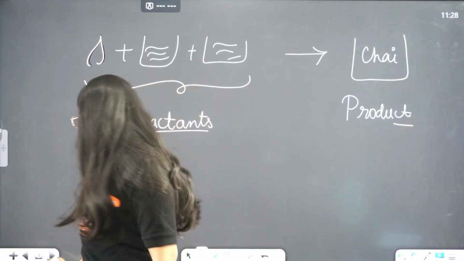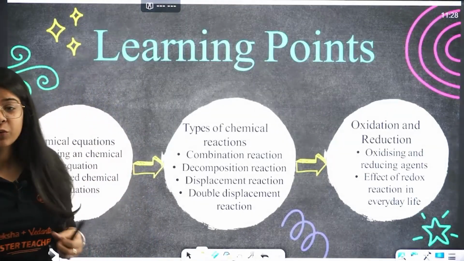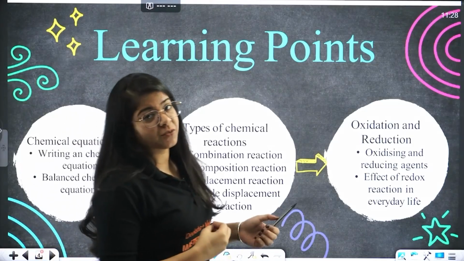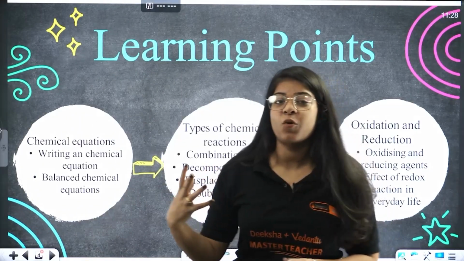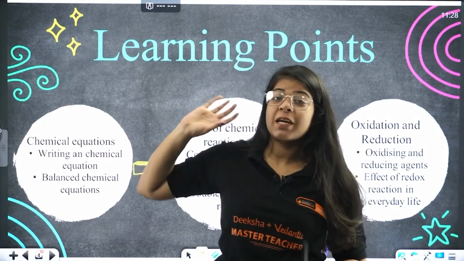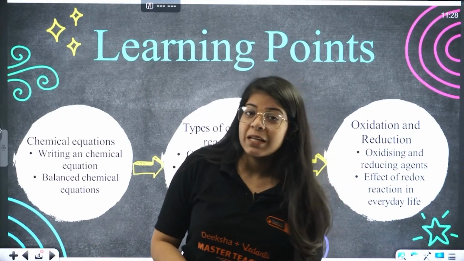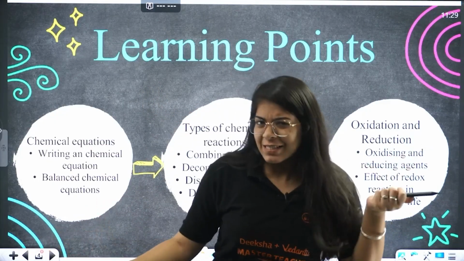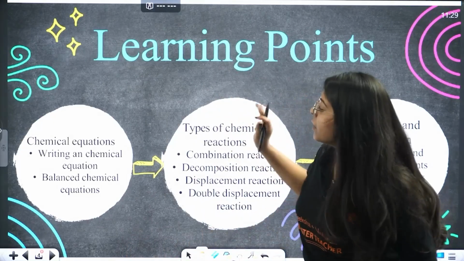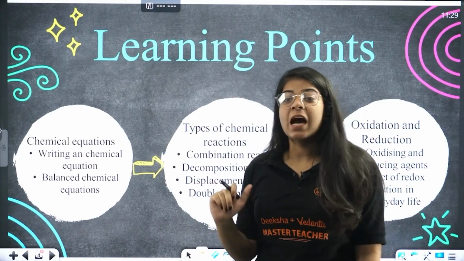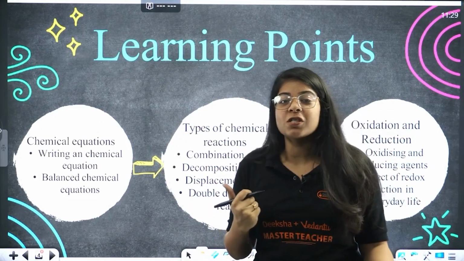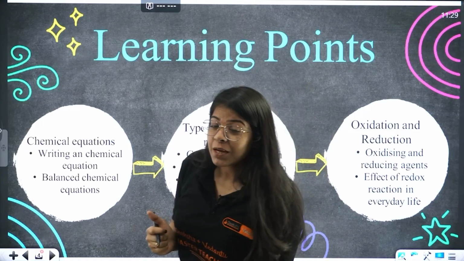Now what are all these happenings? What we will be learning in this chapter is very important. Just like making chai, we will be looking at lots of chemical reactions, lots of chemical equations, not too much but a little bit. We will see how to write these chemical equations and how to balance these chemical equations.